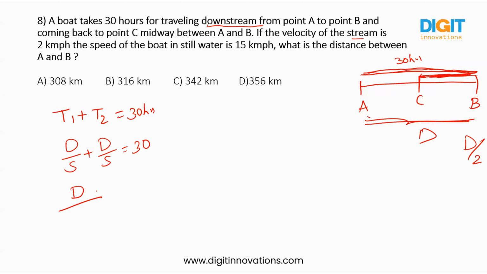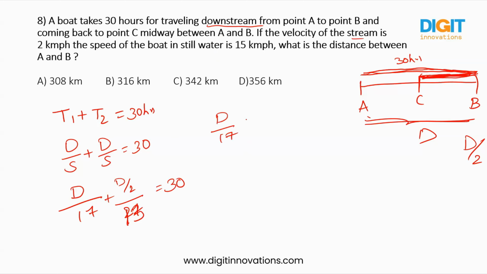So speed is, as we told, downstream, which is 17, and here it would be D by 2 over 17. Sorry, it is coming back, right? That means it is upstream, which should be 13, speed of boat minus speed of water.